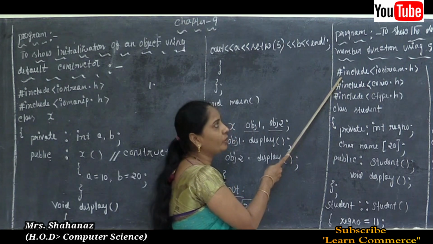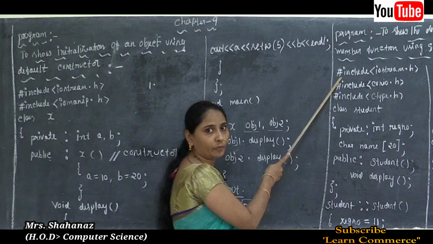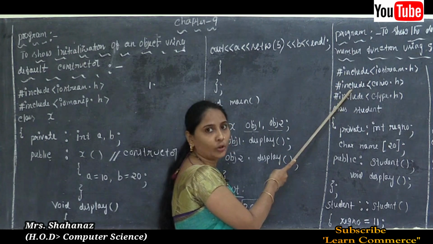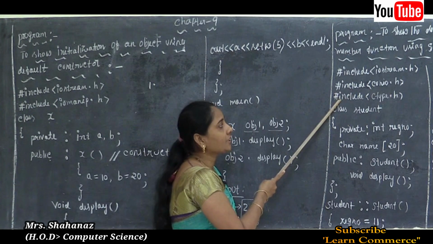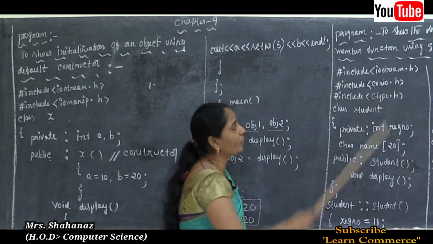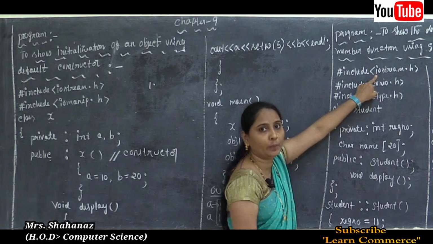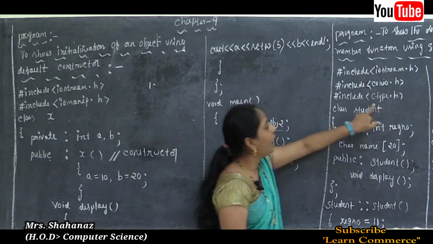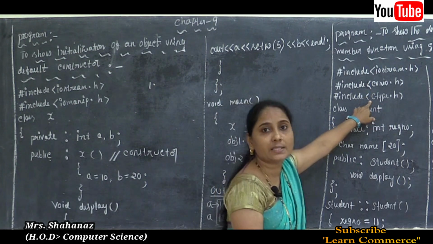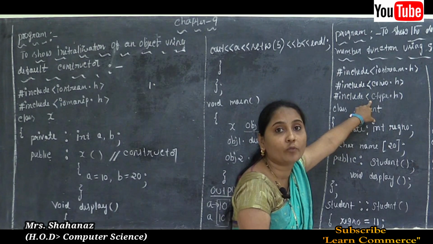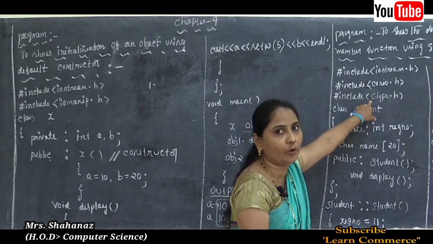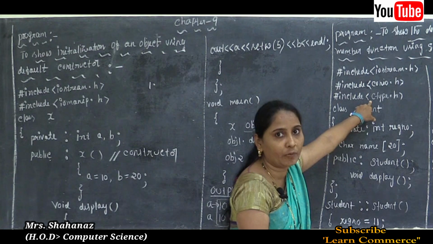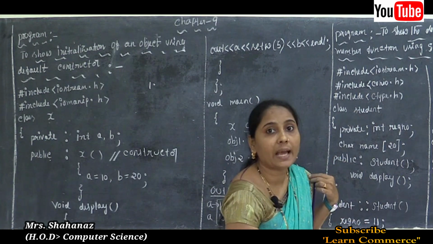The first thing we do is start with the header files. The first header file is iostream.h. The second is conio.h, and the third is hash include ctype.h. Here I am using iostream for input and output, and conio for clrscr. Next, ctype, because here I am going to use some strings, groups of characters, and we already know that when you use groups of characters, we should use the header file ctype.h, that means character type.